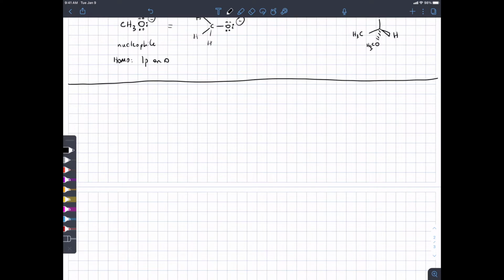So is something more or less acidic than water? And to answer this question, you basically take your acid HA and you put it in water, and then you test the equilibrium between the acid form and its conjugate base.